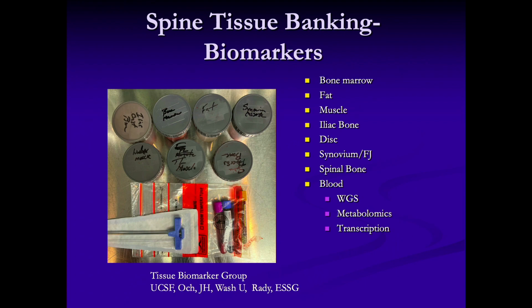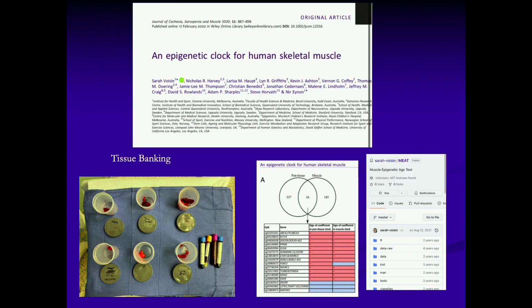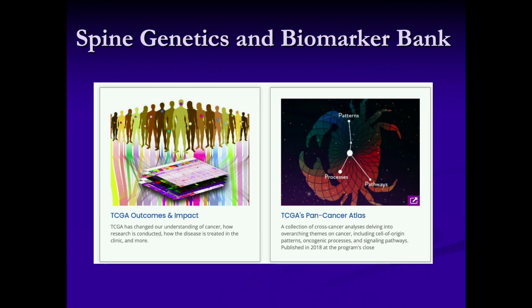And hopefully in a few years, we'll have epigenetic clocks from muscle, spinal muscle, and paraspinal that they've already done for other diseases. And then we'll be able to build a large spine genetics and biomarker bank. We already have 100 patients fully tissued out and biomarkered out in just the last 6 months. So this is something that can grow very quickly.